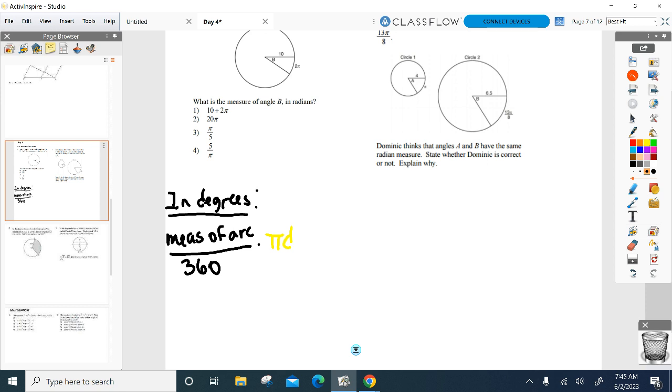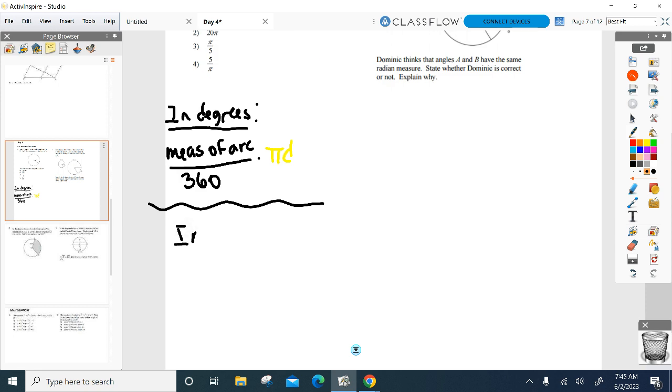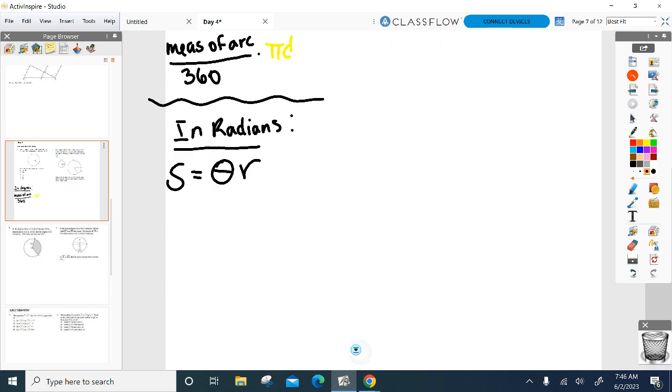If it's in radians, which is your second part of that formula right now, I called this one SOR. I don't know if anybody remembers that. SOR. S equals theta r. And let's go over each piece right now.